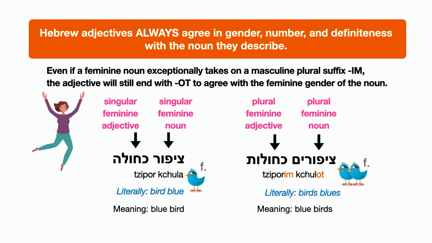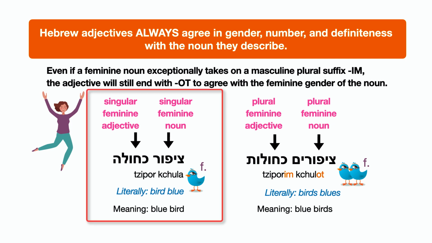Now let's see another example using a feminine noun. Tzipor is a bird. It's a feminine noun. So to say blue bird, we say tzipor khula. Kahol is the masculine version of this adjective, which means blue.